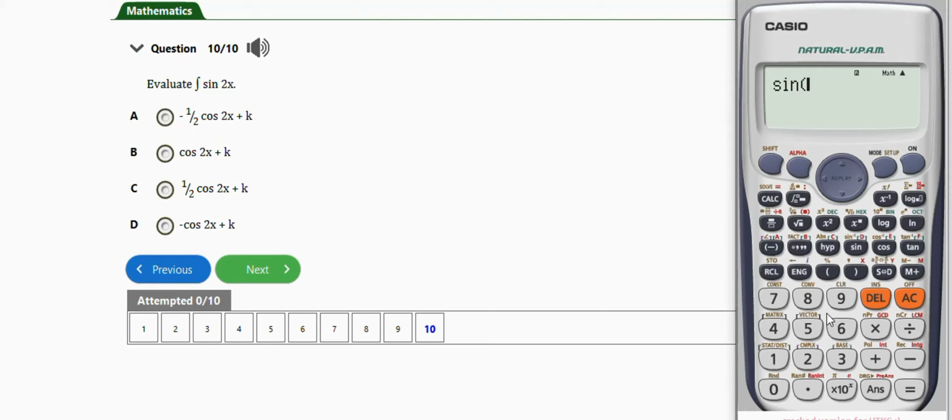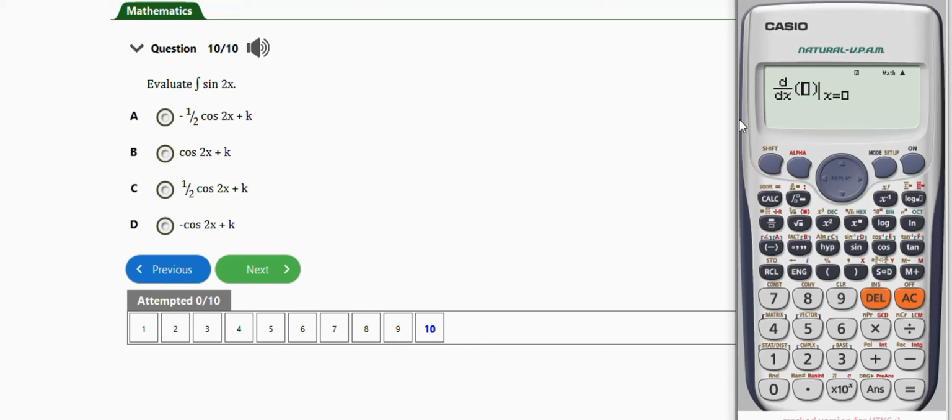So we have sine 2x, let's press equal to, we have it in minus 0.75. So right now we're going to differentiate the options. Now that gives us minus 0.75 will be the answer to this question. So let's differentiate.